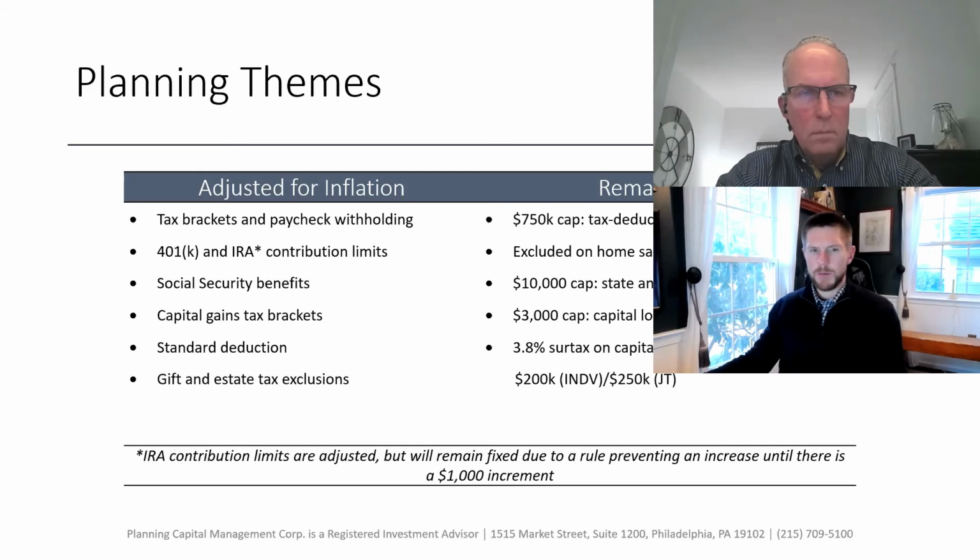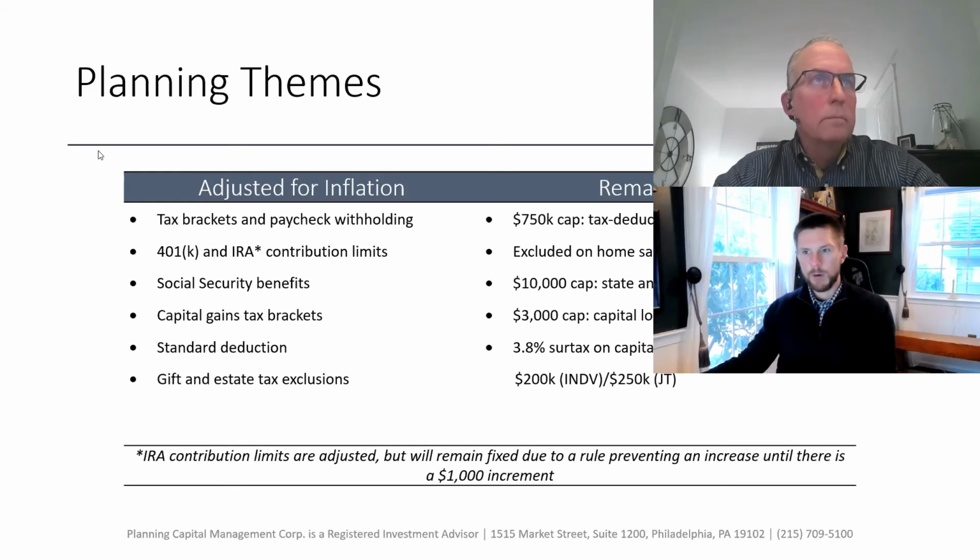So just things to keep in mind as we head into this year for tax planning: a lot of these inflation factors really did make a big difference. And I did put in the commentary a graphic that showed the expansion of the brackets heading into this year, 2022.